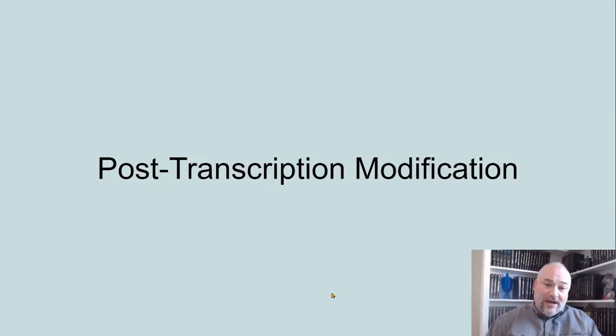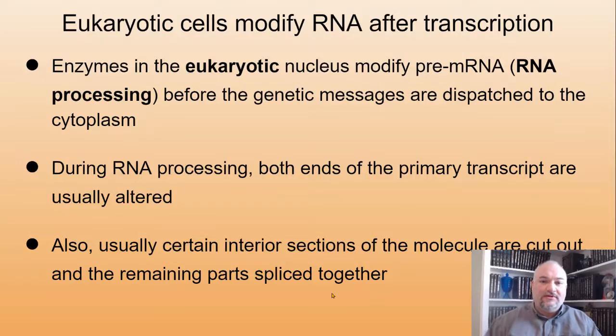All right, folks, let's take a look at what happens to that RNA transcript after it disengages from the DNA, okay, or post-transcription modification. So, like we said, eukaryotic cells, not prokaryotic, modify their RNA after transcription. We've got a lot of enzymes in there in eukaryotic organisms that will modify that pre-mRNA, and we call it RNA processing, before we send that out of the nucleus and to the ribosomes.